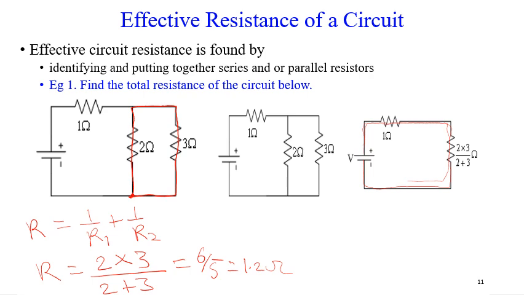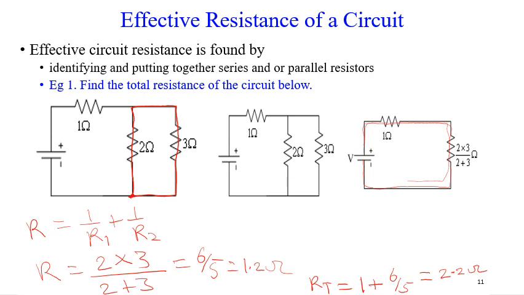So finally, I can now say the R total, RT, is equal to 1 plus 6 over 5, which is equal to 2.2 ohms. 2.2 ohms.